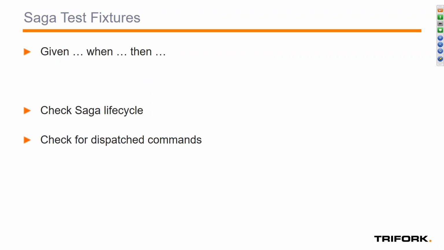So we've seen how the Saga test fixtures of the aggregates are also, well, they're different fixtures, but they're also there for the Sagas. They have a slightly different API because the Saga has a different type of life cycle, which you can check in the test fixtures. You can also verify the commands that have been dispatched from that Saga.